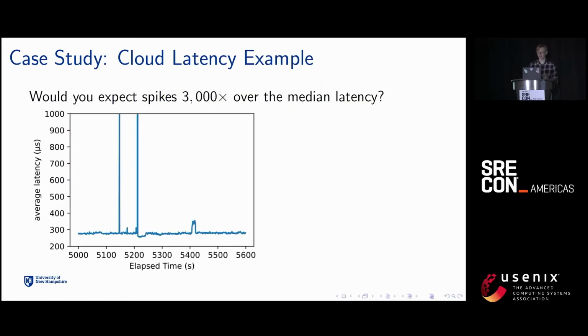I look at the most trivial thing, like end-to-end latency. Can I measure the latency between two little pieces of code running in two different VMs in the same availability zone, right, of the same region of a cloud? And would you expect to see latency spikes that are 3,000 times over the median latency? They don't fit on the graph here, right?